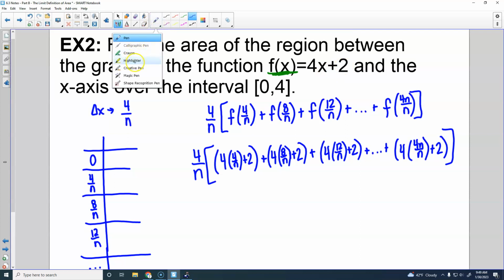So if I'm trying to write this with a summation, I need to look at what's changing. We can see this value is what's changing each time. So the 4 over n, you can write out front. And then we're going to have a summation from 1 to n. The 4, the n on the bottom here, and the 2 are all the same, so I'm going to use those for my formula.